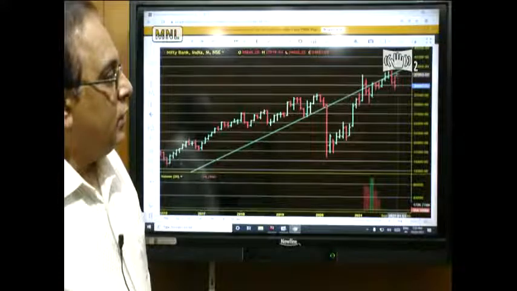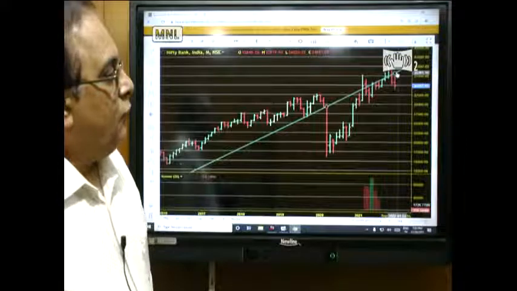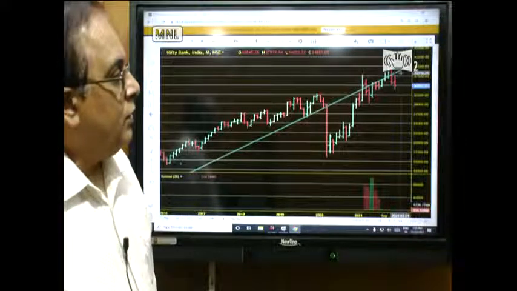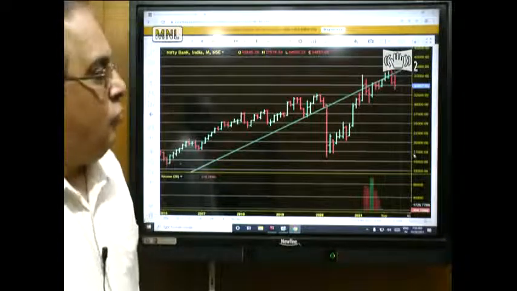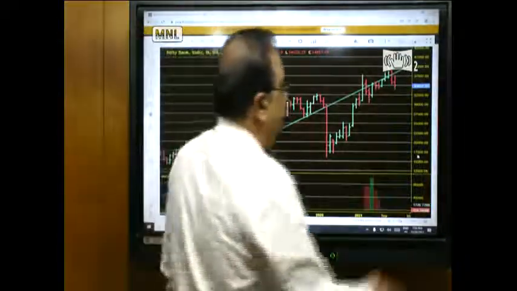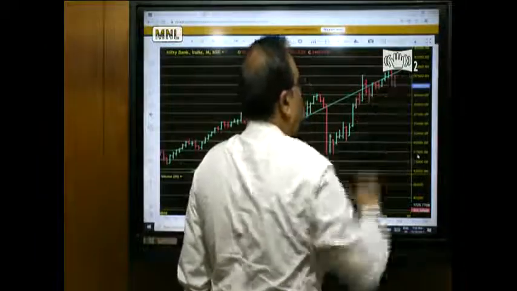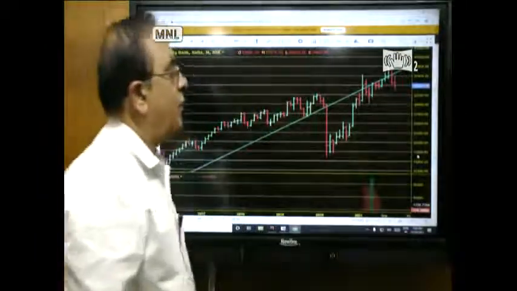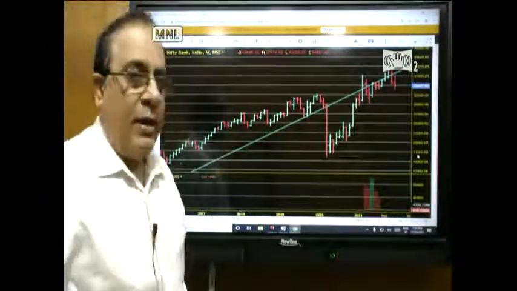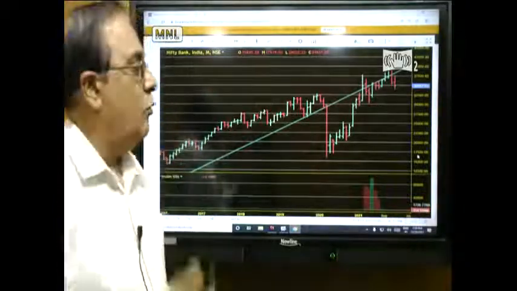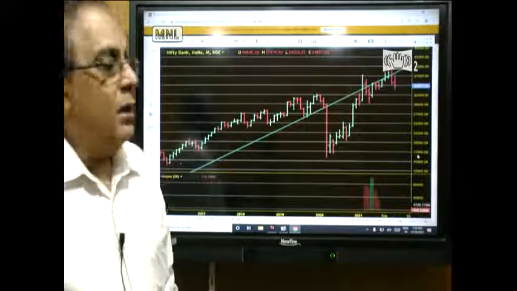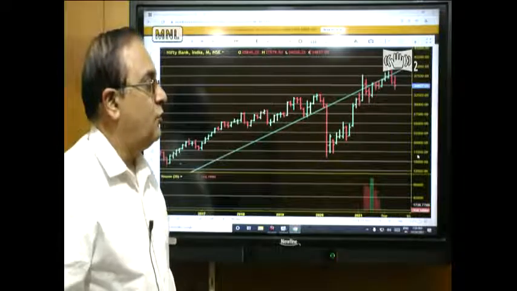Now let's look at these levels. So next one, 38,360. Then after that, it could be 38,940. So everywhere, we will have a resistance closer to this line. So don't get surprised whenever the market goes up. Bank Nifty can have some sort of an up and down movement before it starts to really get over that situation and starts to rally.